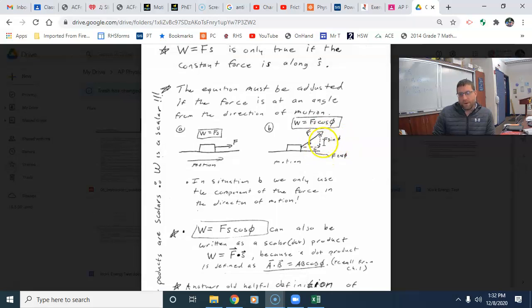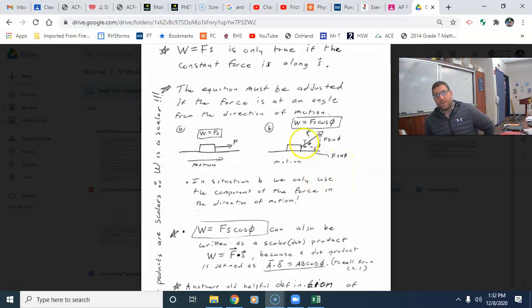But the vertical component is not causing motion vertically, so the vertical component of force F is not considered when doing work. So we only use the component along the axis of displacement, which is the horizontal component, F cosine phi.